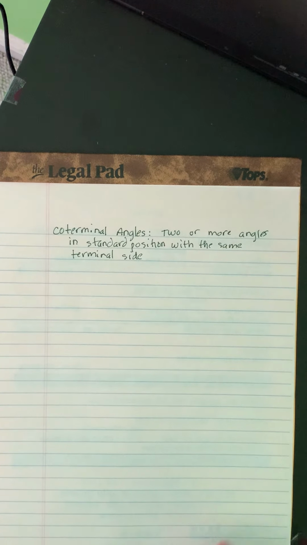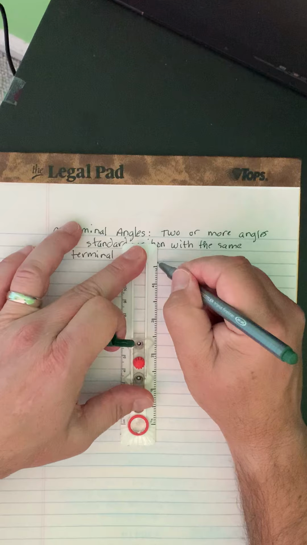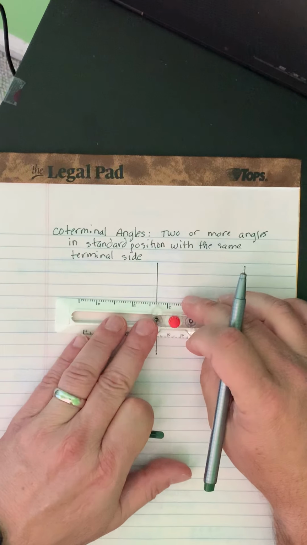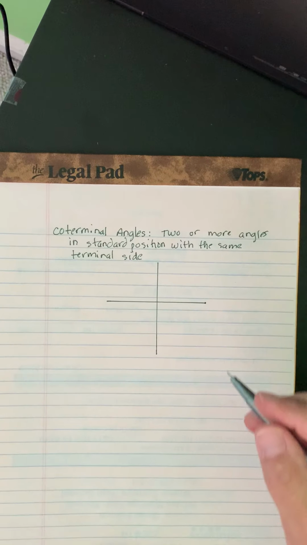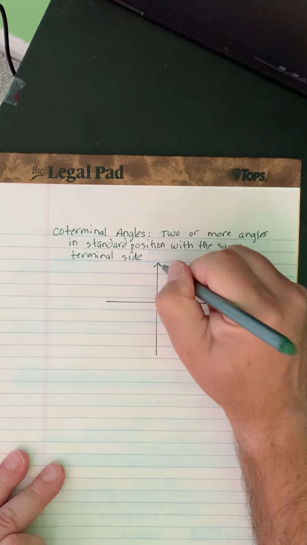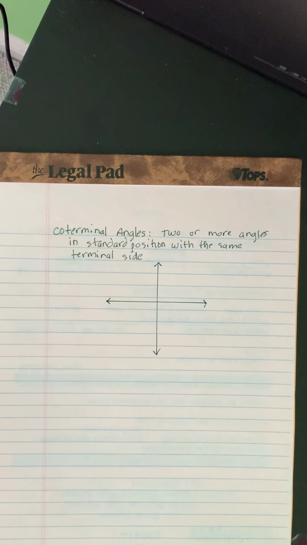Okay, all right, so again, let's just draw a little XY here. Okay, now somebody give me an angle. 40 degrees, awesome. Great angle to go with.